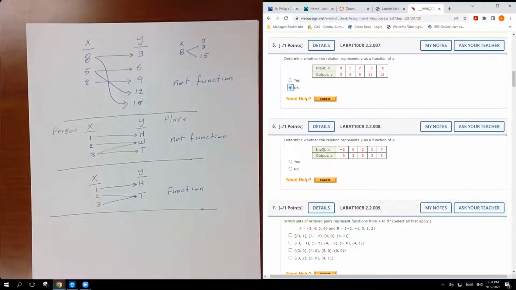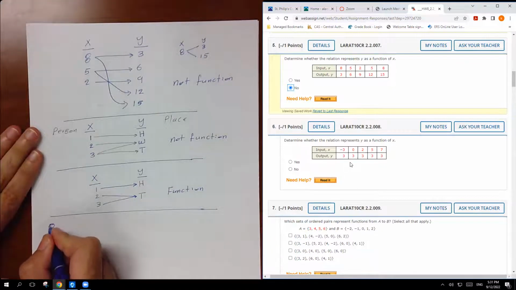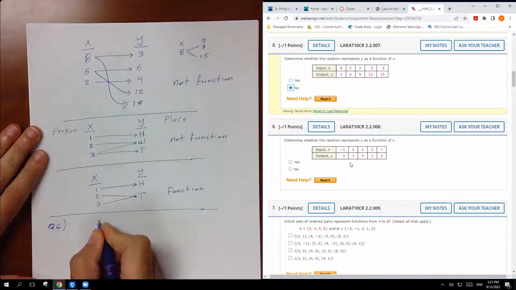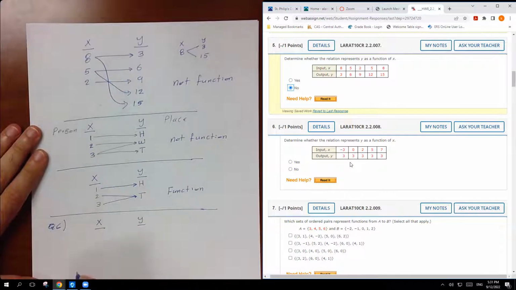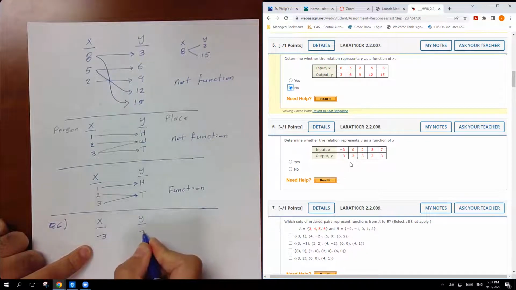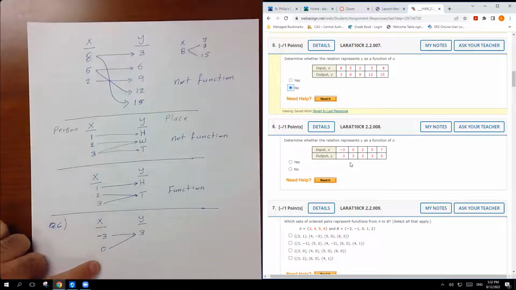Example 6 also has the input X and here's the output. In this example, do exactly the same thing. So this is question 6. We're going to write down the X value here and the Y value here. So -3 goes to 3. And check the next one. 0 also goes to 3. Check the next person. 2 also goes to 3. Which is fine.